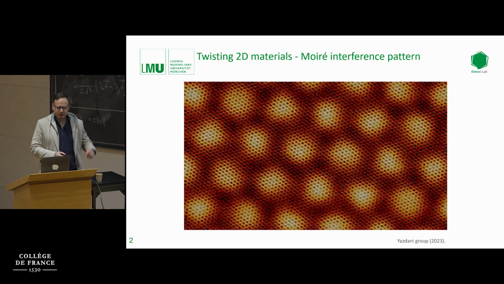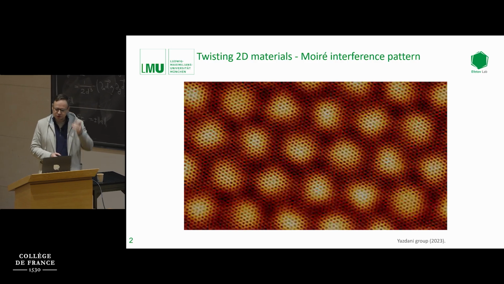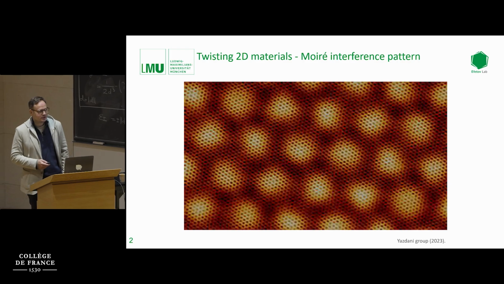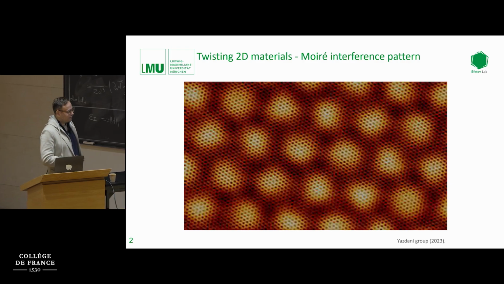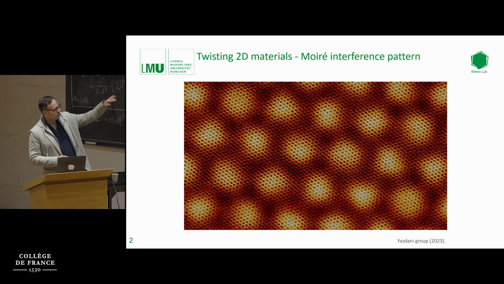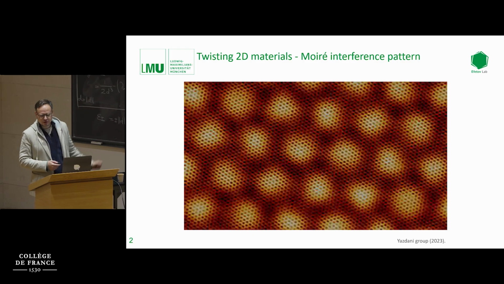Just to start slowly, this is an STM image, a scanning tunneling microscopy image, of such a Moiré material. Those are two layers of bilayer graphene stacked on top of one another. You can recognize the graphene part by this small periodicity, which is the honeycomb lattice of the individual graphene layers.